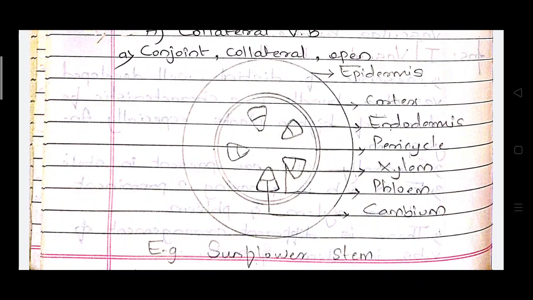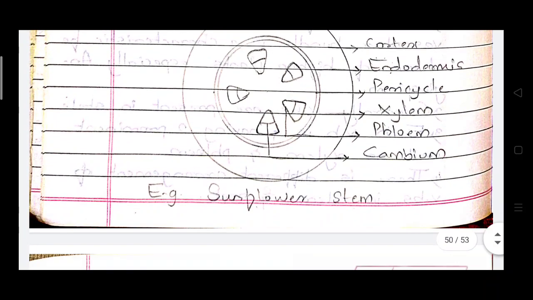In this section there are 5 vascular bundles. The xylem is present towards the outside and the phloem towards the inside, and in between the xylem and phloem the cambium ring is present. This is the normal sunflower stem section.